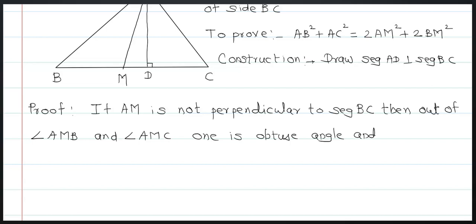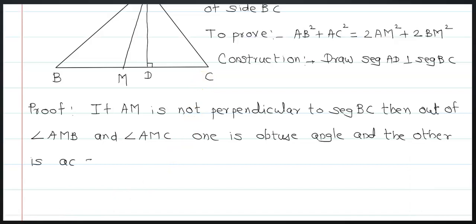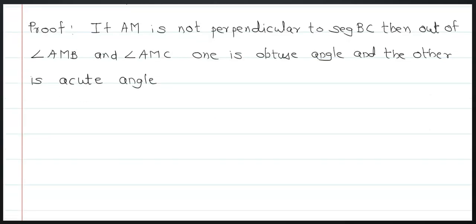That is, AMB is obtuse and the other, AMC, is the acute angle.